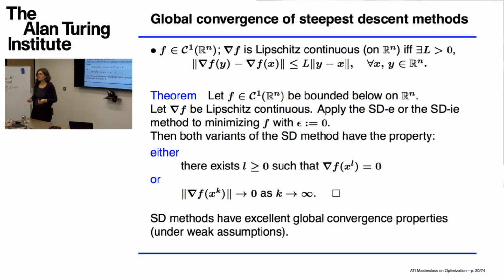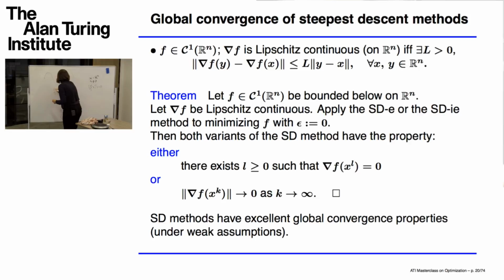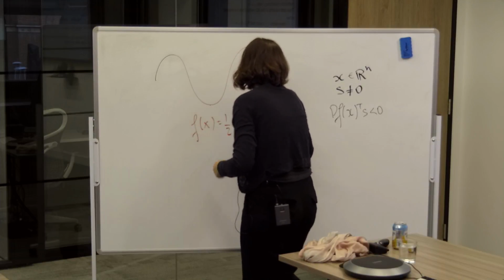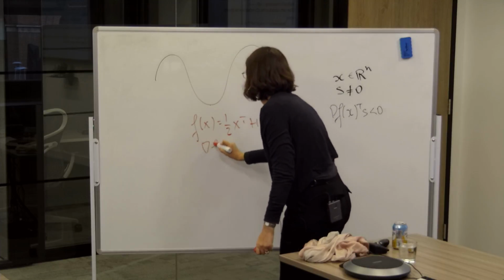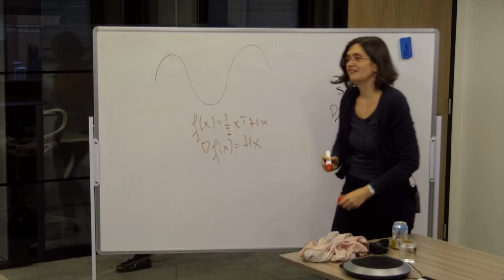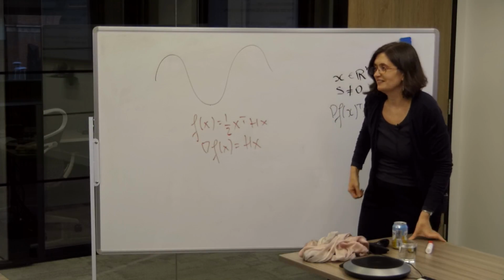If my function f is quadratic, let's say f of x is one half x transpose Hx, right, then what is my Lipschitz constant?